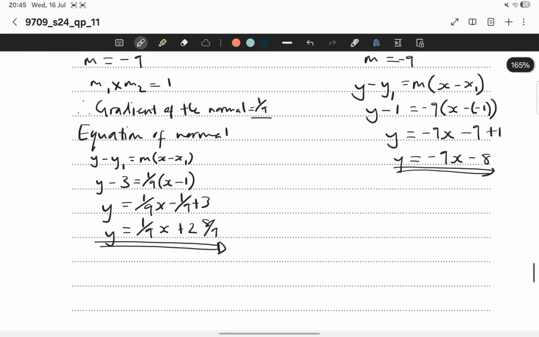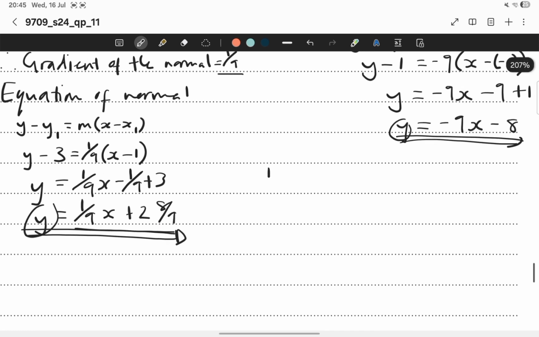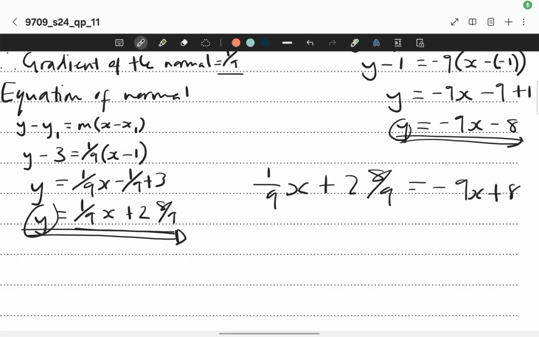And we have to get the point where the normal and the tangent meet. So at that point we know this y is equal to this one, so we can equate the expressions. So it's 1 over 9 x plus 2 and 8 over 9 equals minus 9x minus 8.